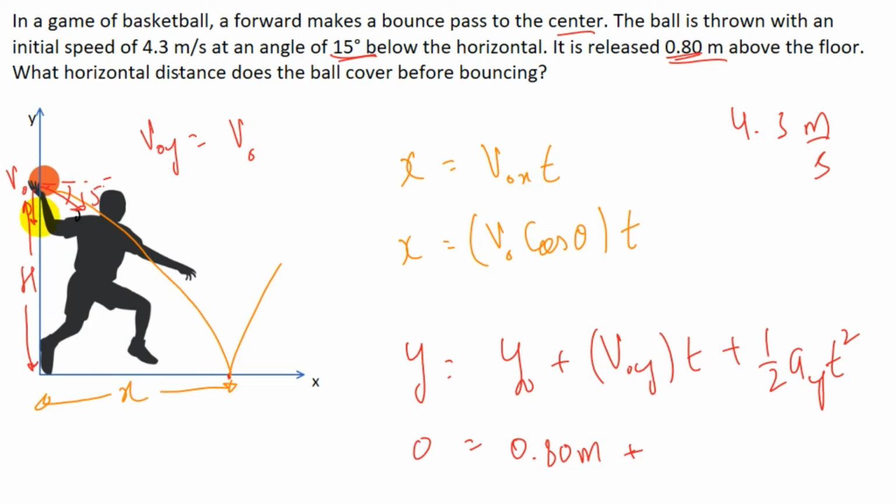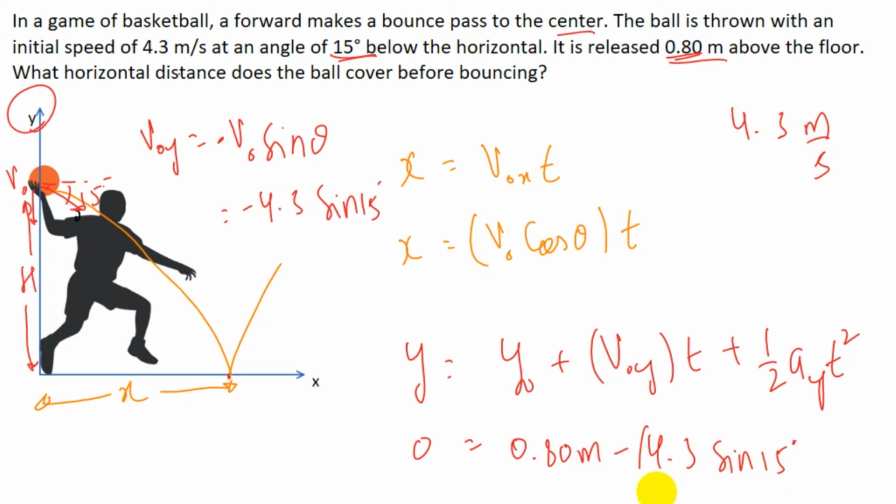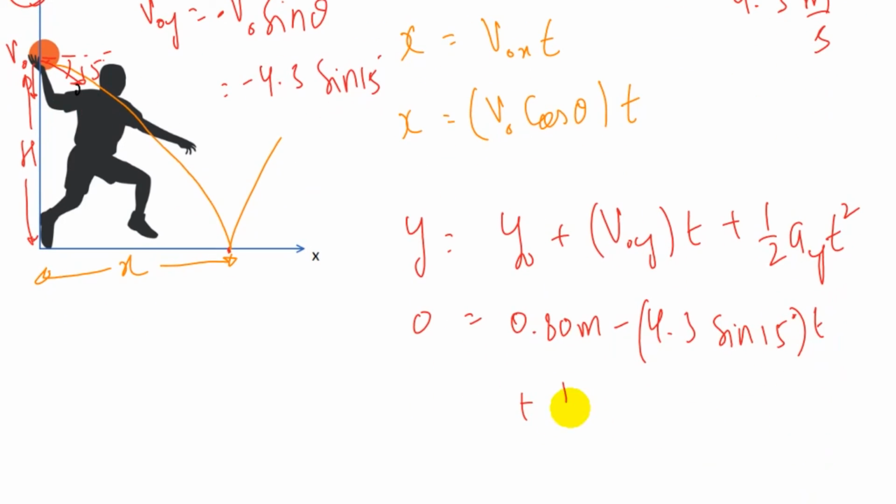Since it is downward and we have taken the upward value to be positive, it should be minus v0 sine theta, with v0 being 4.3 and theta 15 degrees. So we can put it here. This would be minus 4.3 sine 15 degrees multiplied with t, then plus 1 over 2 a, where a is minus g, which is minus 9.81 meters per second squared, multiplied with t squared.